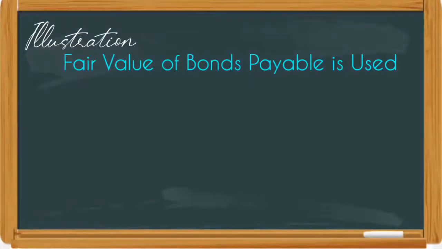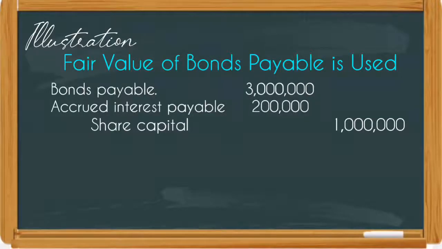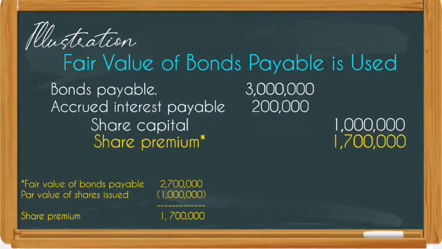Ngayon, assume naman natin na hindi given yung fair value of shares issued. So, ang gagamitin naman natin is yung fair value of bonds payable. So, i-recognize lang natin yung bonds payable ulit at accrued interest. So, debit bonds payable 3 million and accrued interest payable 200,000. And then yung credit share capital ulit at par which is 1 million. At yung share premium credit, 1,700,000.